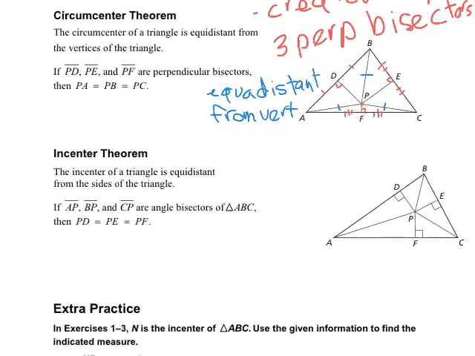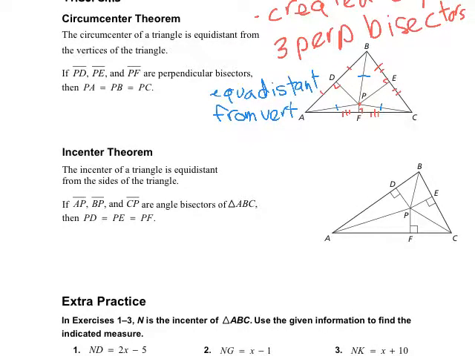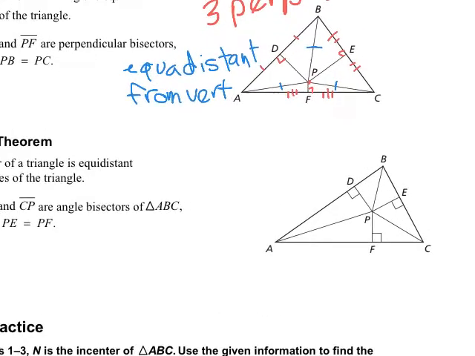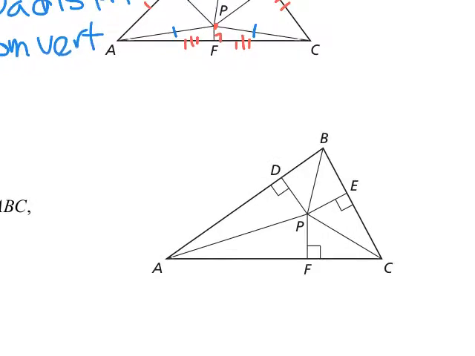Let's look at the second one. The second one is called an incenter. An incenter is sort of the opposite if you're thinking about circumcenter. Let's start with how it's created. It's created by three angle bisectors.